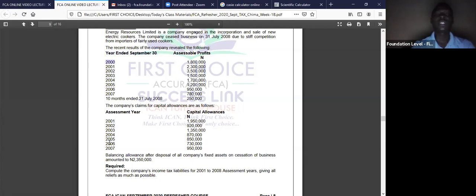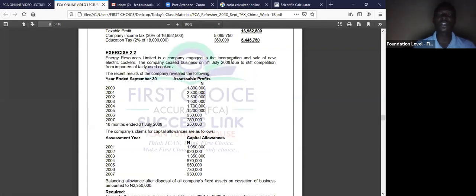So when I'm looking at year 2001, I'll be looking at the preceding year basis and I'll be taking this figure, and this figure for capital allowance. Now the thing is this company is engaged not in agriculture and not in what again?